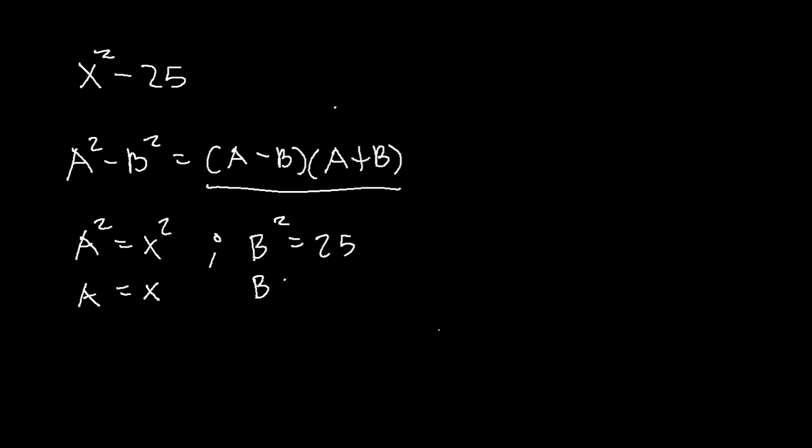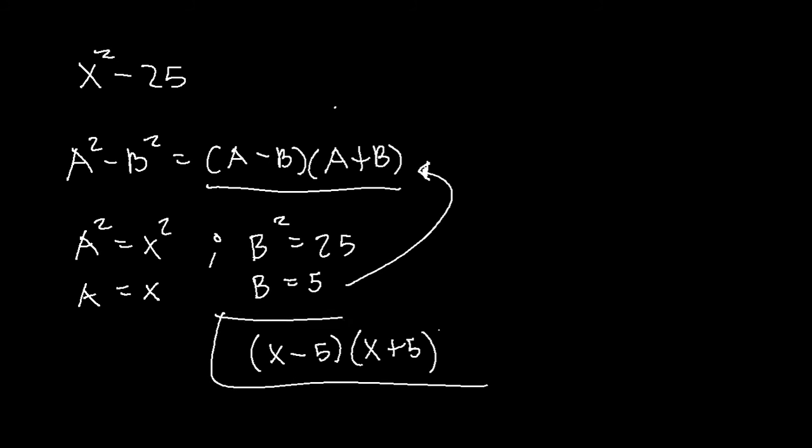Meanwhile, the square root of b squared is b, and the square root of 25 is 5. Now we can substitute these terms into the formula: a minus b, which is x minus 5, times a plus b, which is x plus 5. This will be your final answer for this expression.